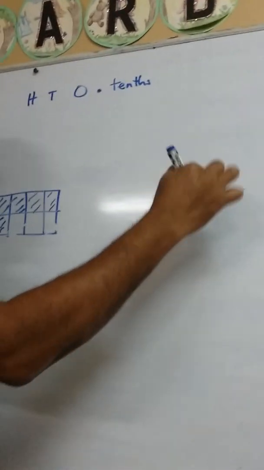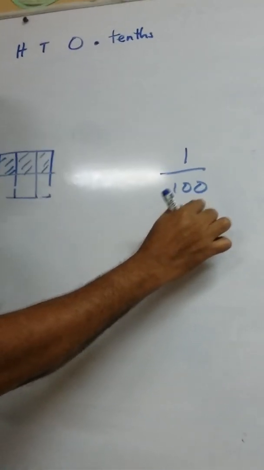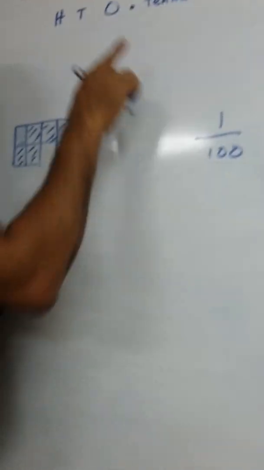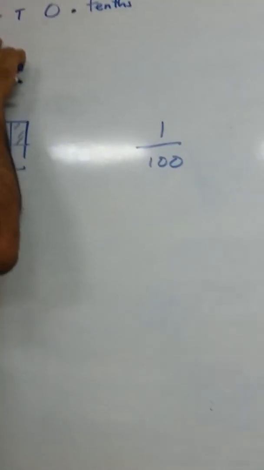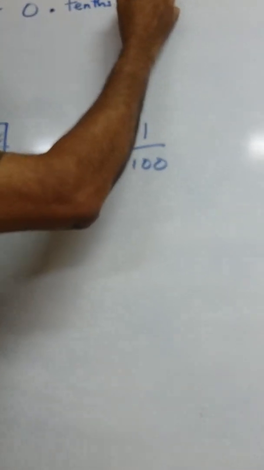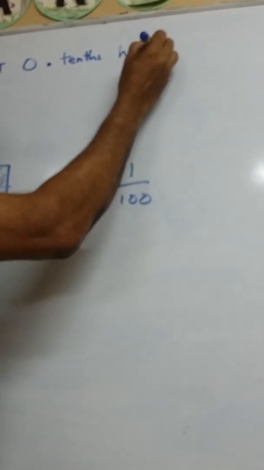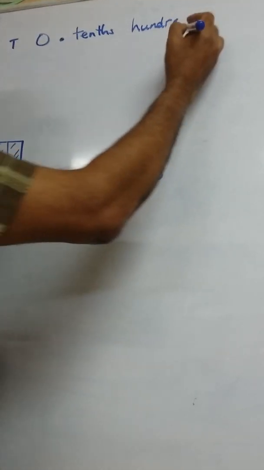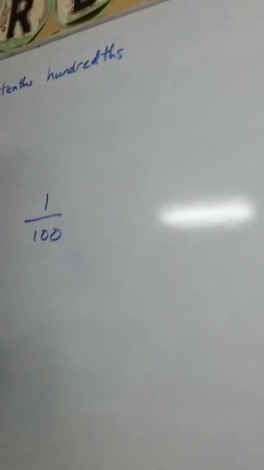So where on the place value chart will you place hundredths? I'm sure by now you know not to put it here because this is 100 wholes. So next to the tenths, there's another column there, hundredths. Right?